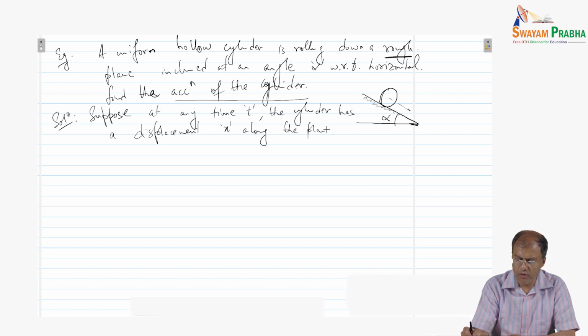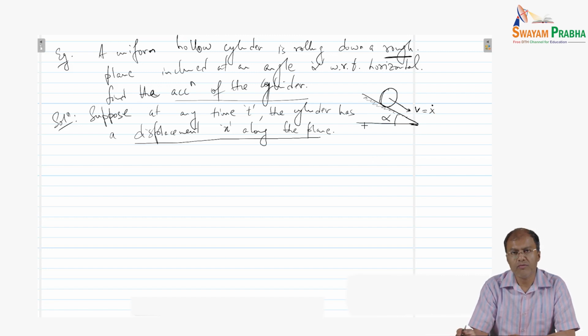So we are saying that the cylinder is moving down with a velocity v, and since its displacement along the plane is x, v is going to be x dot, the rate of displacement along the plane.